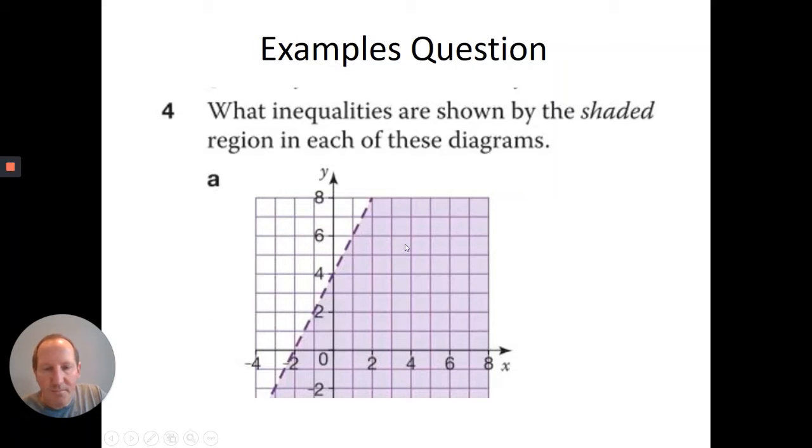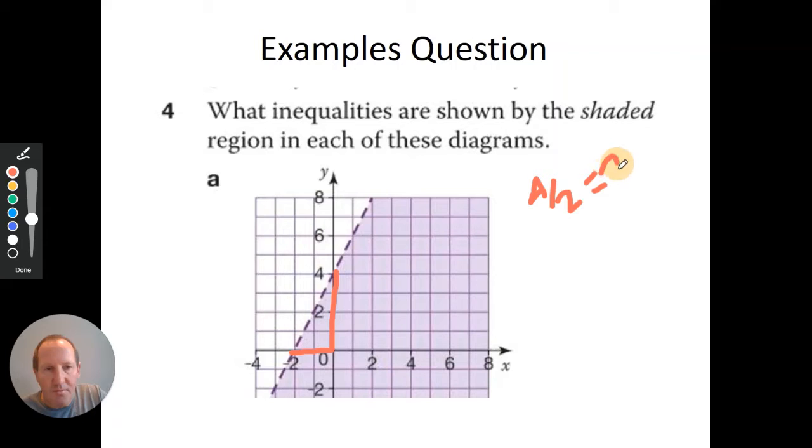This one, I just thought I'd take you through some of these skills you can use to actually interpret what inequality you've drawn. It's got a plural because there's a couple of parts to this question. We're only doing one, so we're only looking for one inequality represented by that line there. This, we go across 2 and up 4. So that tells me the gradient of the line is 4 across divided by 2, so the gradient is 2.